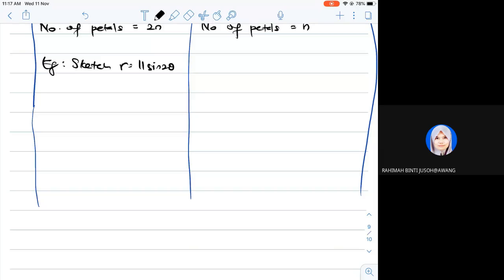How to sketch this guys? The easiest way, cara yang paling mudah ialah we find the angle of the position of the petals. Kita cari sudut kedudukan petals tu. Okay, I repeat, we will find the location or the position of the petals. Dekat mana kelopak-kelopak tu berada.